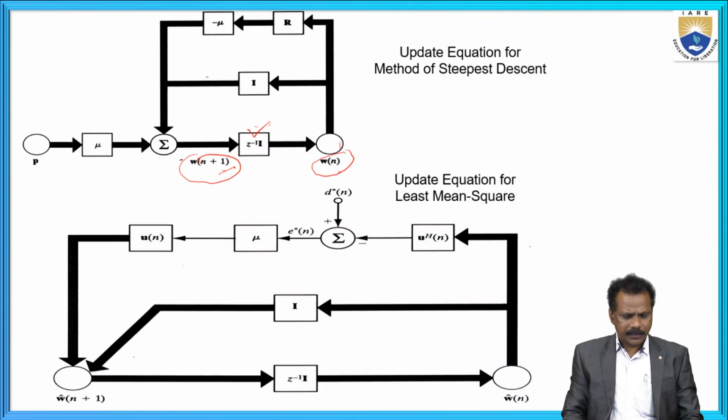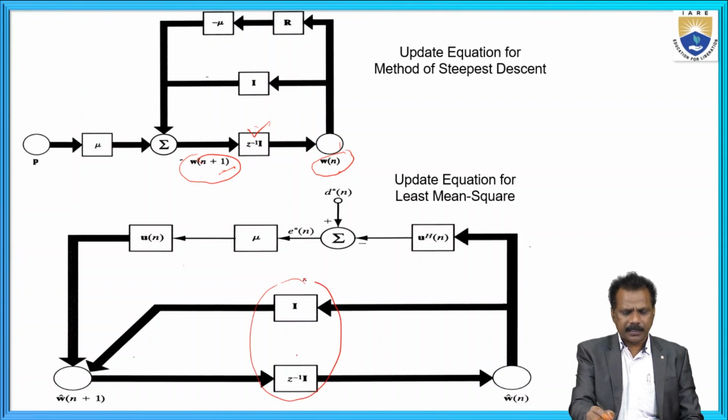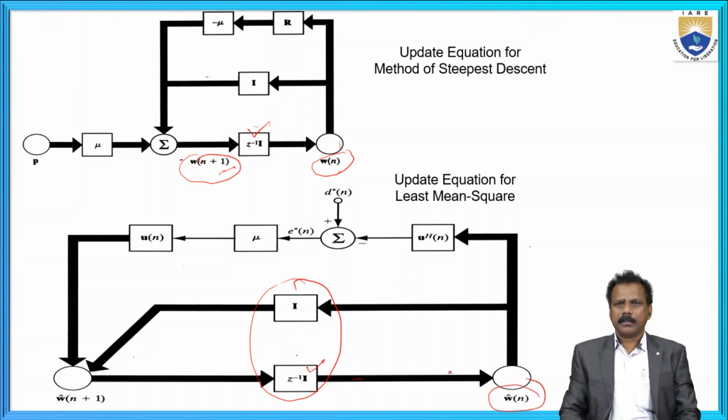So here it is where mu, and in the previous diagram it is mentioned that I into z power minus 1 into I. So here we have to verify that cap of n. So by using the solved block diagrams with the mathematical analysis, we get the updated equations for the method of steepest descent, or the updated equation for least mean square.